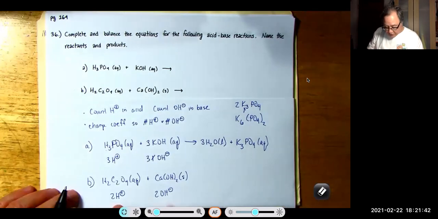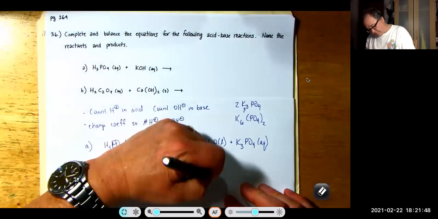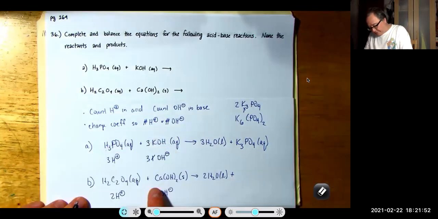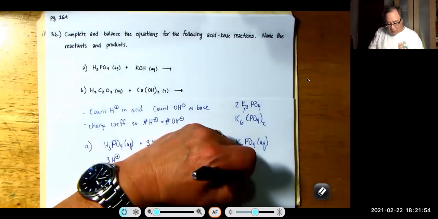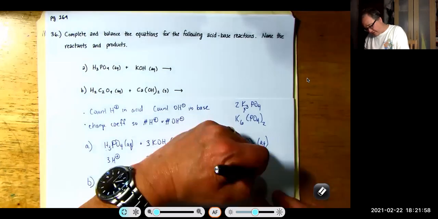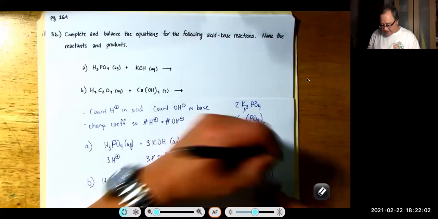Now, when you have 2 and 2, how many waters do you make? 2. What are the leftover ions? 1 calcium and 1, this is called an oxalate. And this is the way this reaction would look.